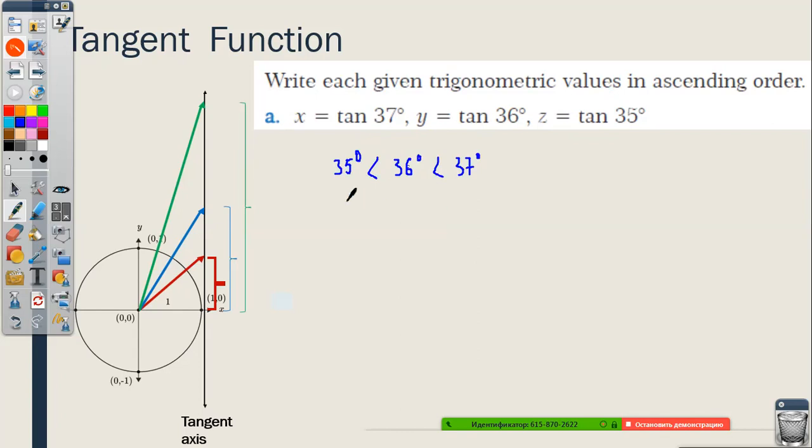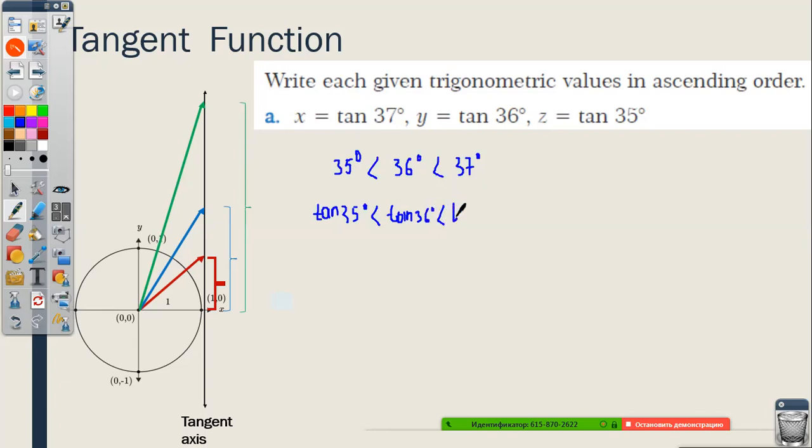So here we can write tangent 35 is the smallest. Then tangent 36.